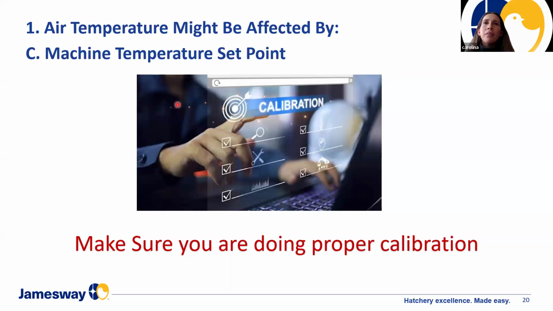One of the challenges we're facing in incubation is the high personnel rotation.